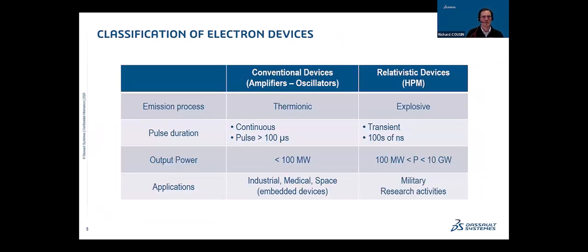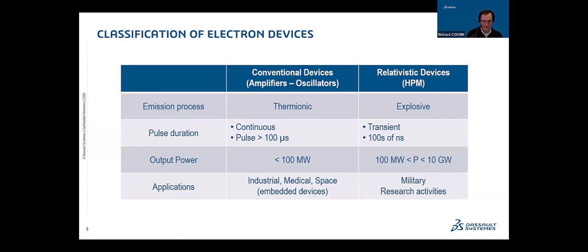About the classification of electron devices, regarding the history that we've seen previously, we can distinguish between the classical, conventional devices and the relativistic devices. And then you see here the differences between both. The emission process: for the classical devices, you start with a hot cathode, with a thermionic emission process, whereas with the relativistic devices, we start with an explosive emission and use cold cathodes, which can be made of velvet-coated cathodes and so on.